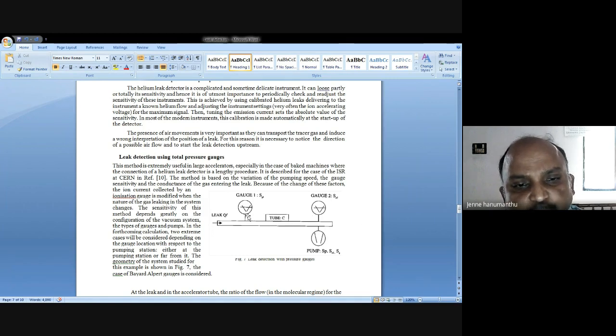Here we are providing gauge 1, gauge 2. If no leak is there, there is no change in the gauges, no change in the pressure values. It's a constant pressure you can observe here, or here, because it's a long pipe.